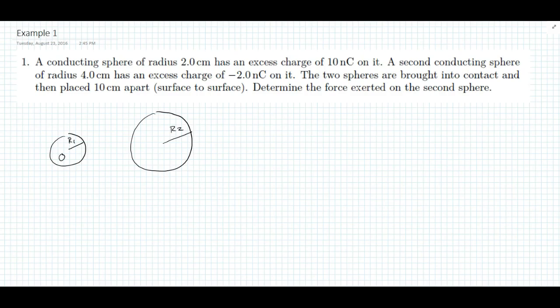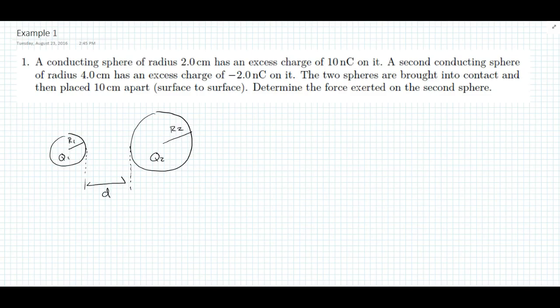Let's just call that charge Q1 and Q2. So we've got two spheres, they're conductors, they have charge on them. They're brought into contact and then they are placed a distance 10 centimeters apart from surface to surface. So that means if we were to measure the distance between the surfaces, that is 10 centimeters. Let me call that D.